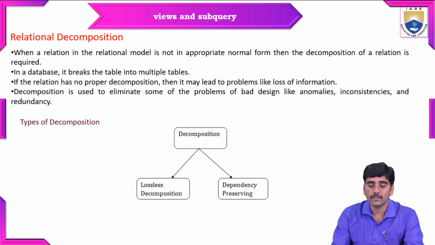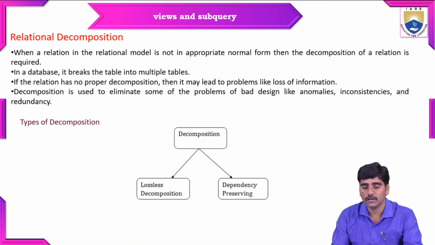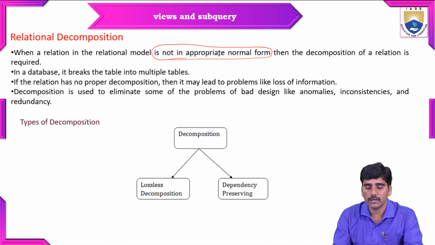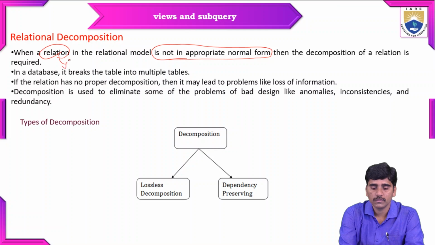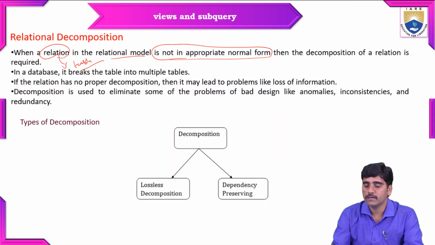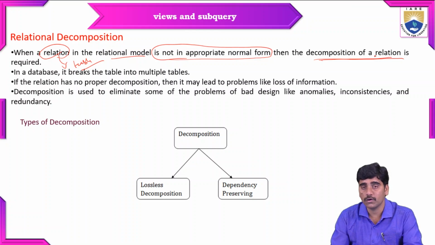When a relation in the relational model is not in appropriate normal form, and a relation is nothing but a table, then decomposition of the relation is required. It is called relational decomposition. It takes place to decompose the table because the table is not in appropriate normal form.